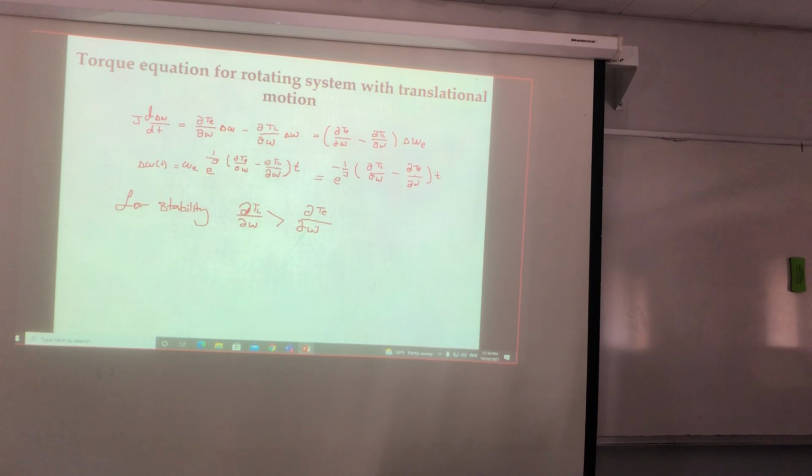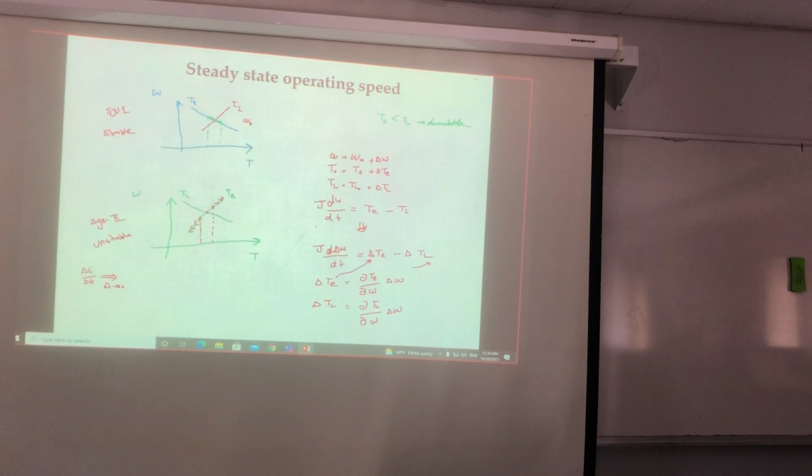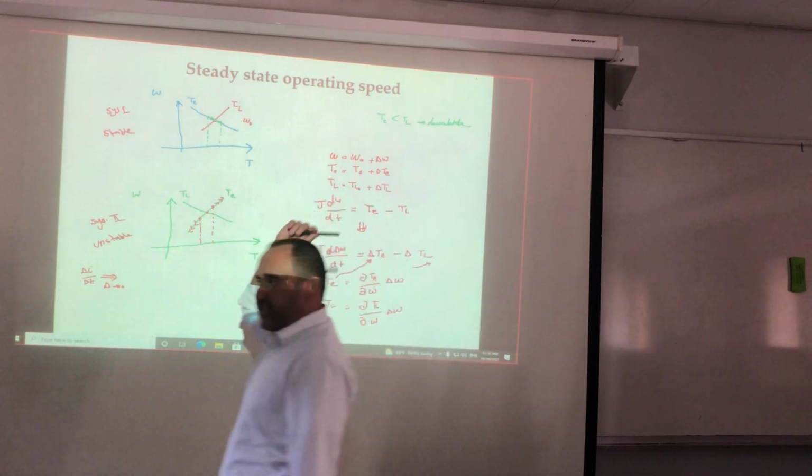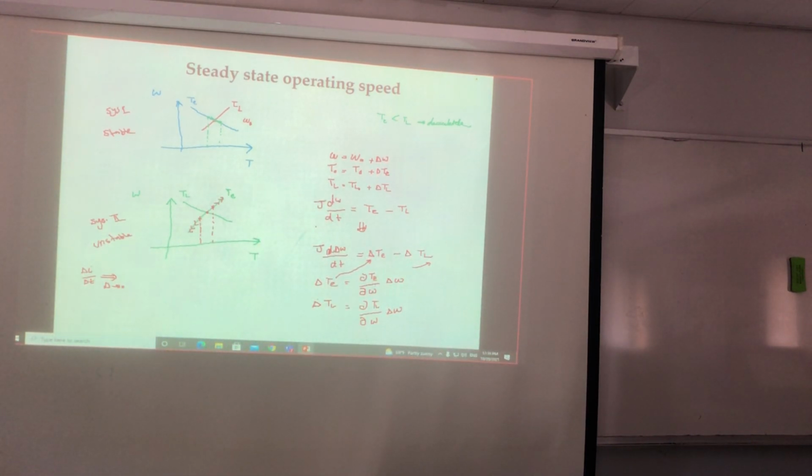Understood until here? Yeah? So let's check the first one. The slope of the TE is negative. The slope of the TL is positive. And you know that the positive is higher than the negative. We don't need to be a genius. Even a simple person knows that.